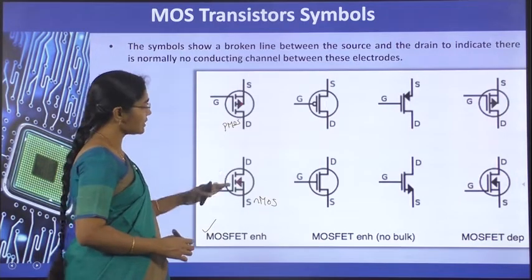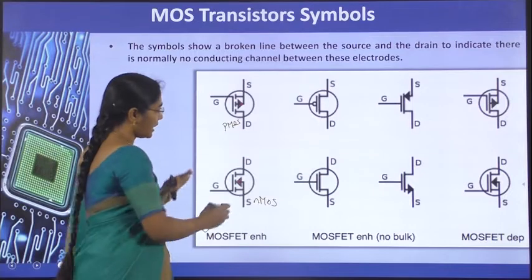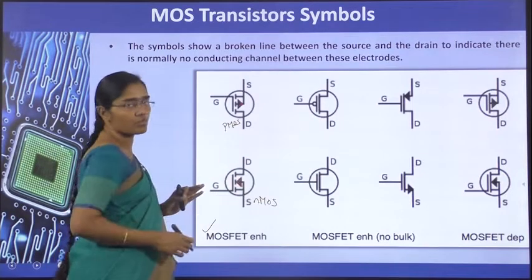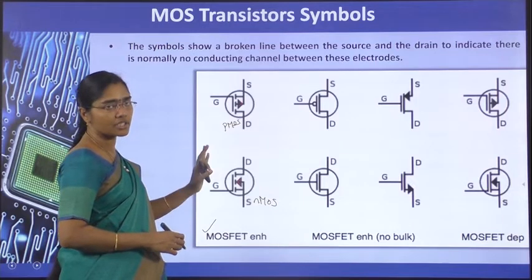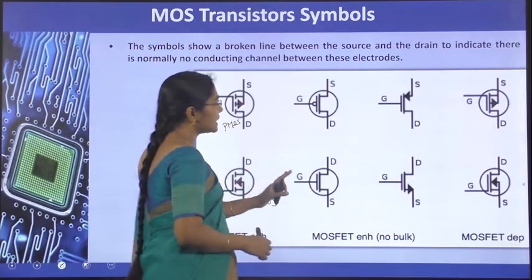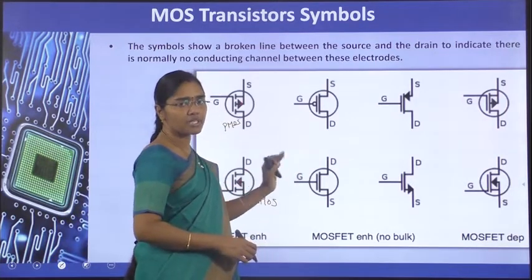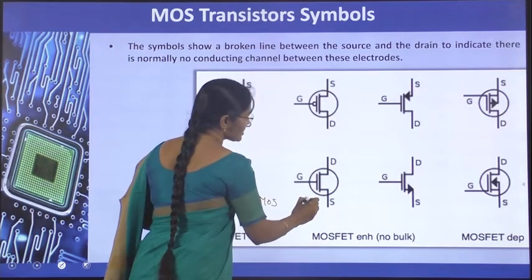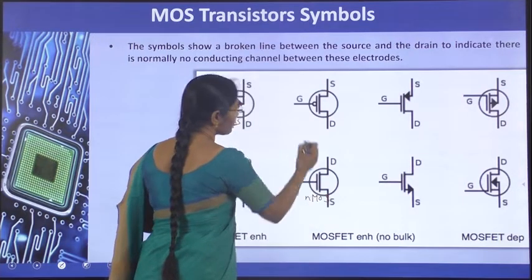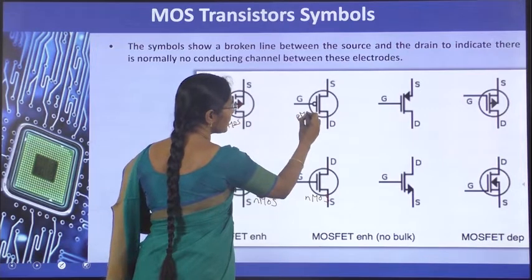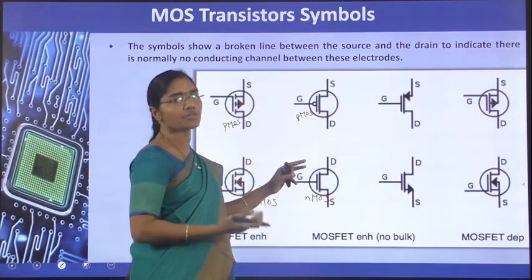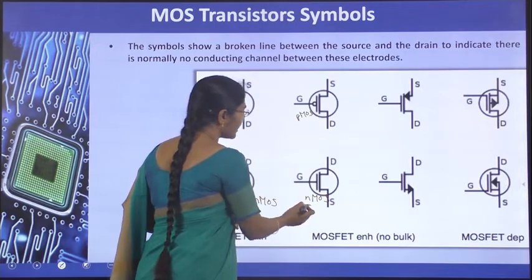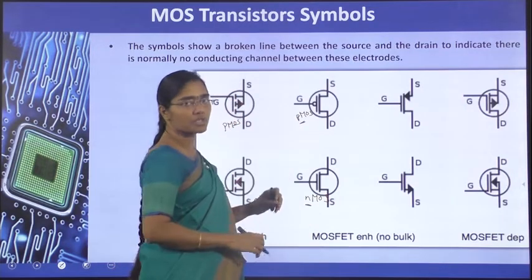NMOS enhancement, PMOS enhancement. Enhancement is represented with a broken line of the channel. It is representing the 4-terminal transistor. Then 3-terminal transistors of PMOS and NMOS. NMOS is represented without bubble and PMOS with bubble, because this bubble is the representation of the complement, whereas N and P are the complement to each other.